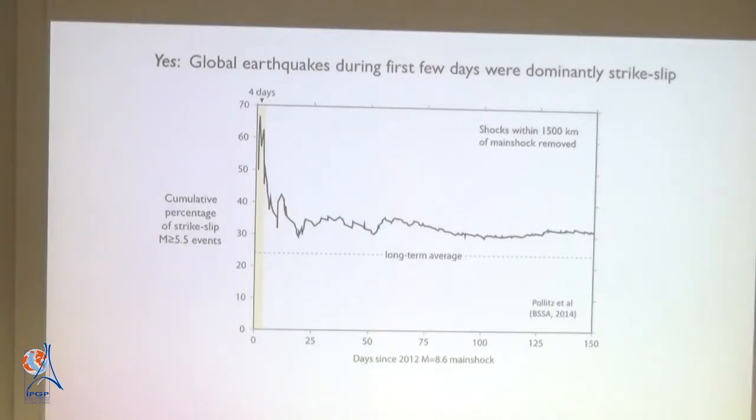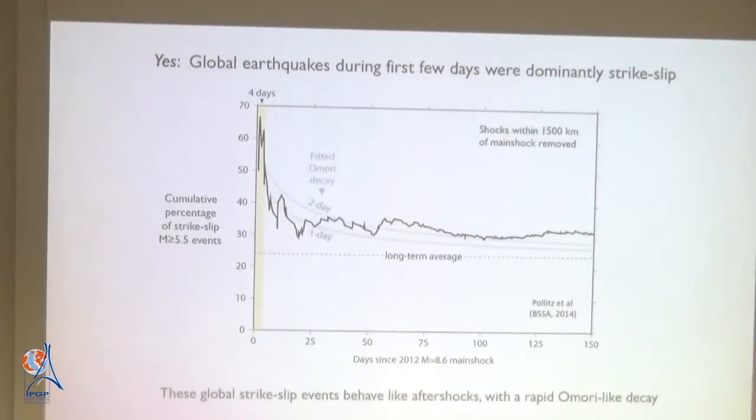And right after this occurred, 70% were. And then that fades with some kind of rapid Omori decay. And that suggests that out of the maybe 40 or 50,000 possible sites of magnitude 5 earthquakes around the world, a few were close enough to failure that when I hit the table, they ruptured.